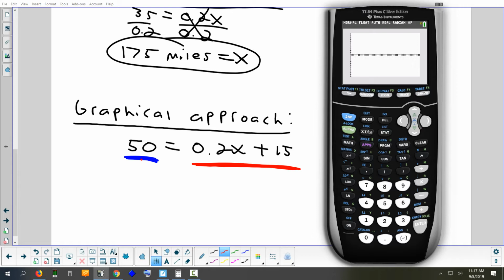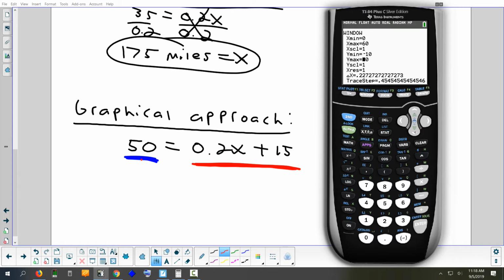Still don't see anything. All right, what now? Any other thoughts? I changed the Y values. Okay, what do you want to change those to? 60 for the maximum.